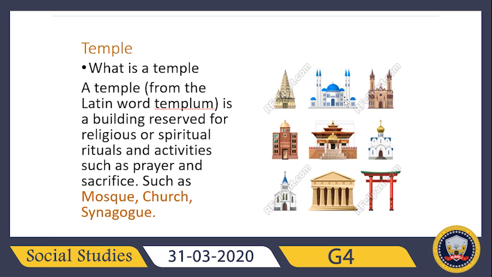We have a lot of temples around us. We have the church, we have the mosque, we have the synagogue. Those are all temples. When you go to your church, you pray in the church. Christians go to the church to pray, and Muslims go to the mosque to pray. The mosque, the church, and the synagogue are temples. A temple is a place where we pray, where we make our sacrifices, spiritual rituals and activities.